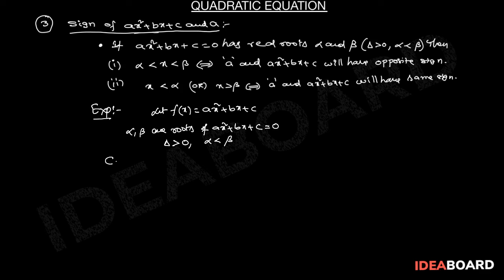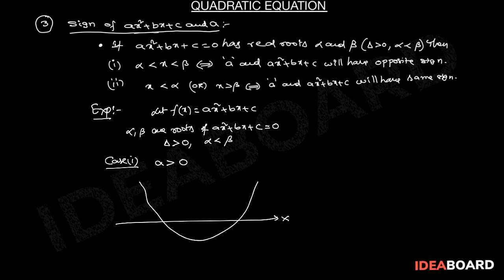Here case 1, a is greater than 0, the curve is up open parabola. The curve meets the x-axis at alpha and beta. In between alpha and beta, f of x is less than 0. Less than alpha, f of x is greater than 0. More than beta, f of x is greater than 0.